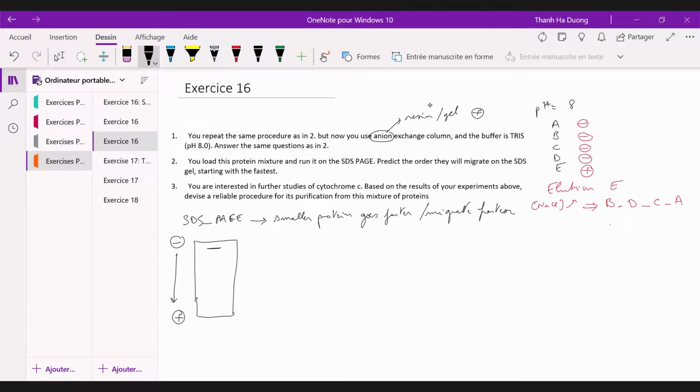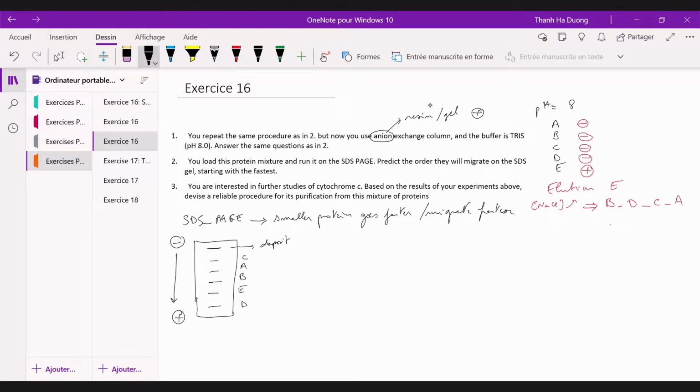And you will have the smallest one, which is D, E, after B, A, and the bigger one is C. And here you have the well.